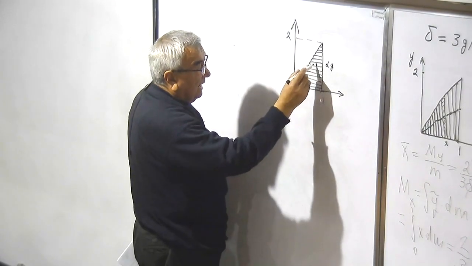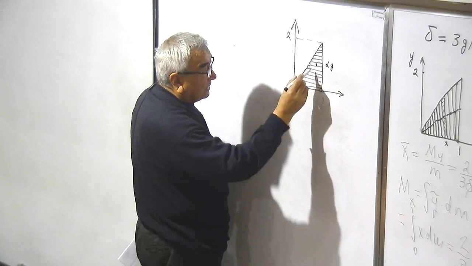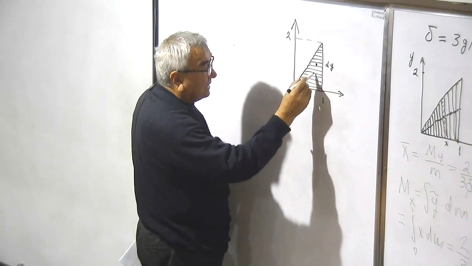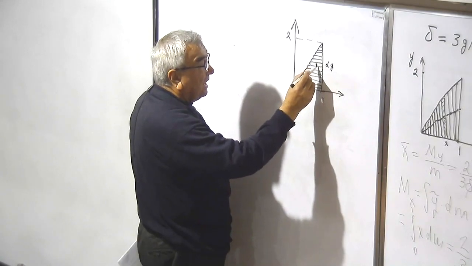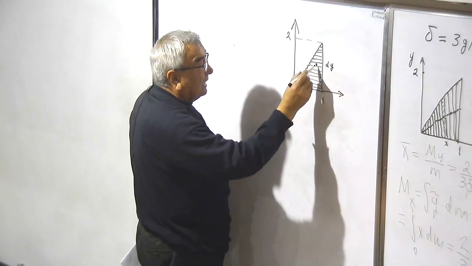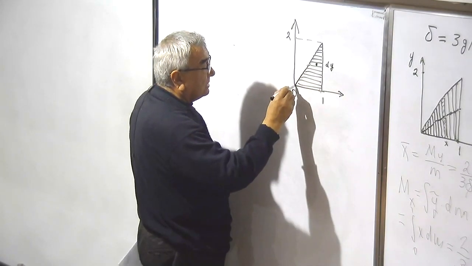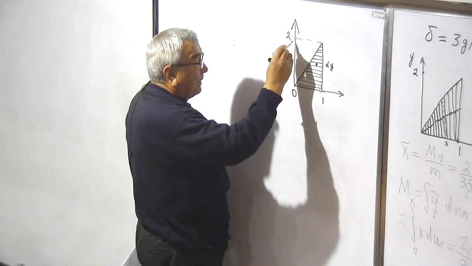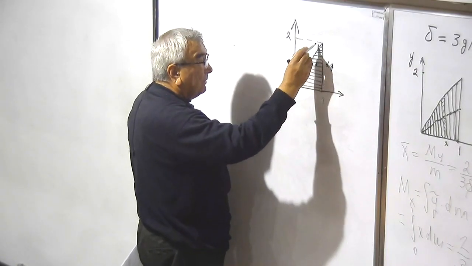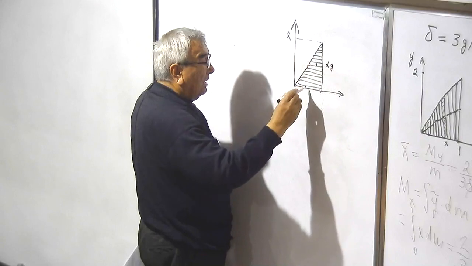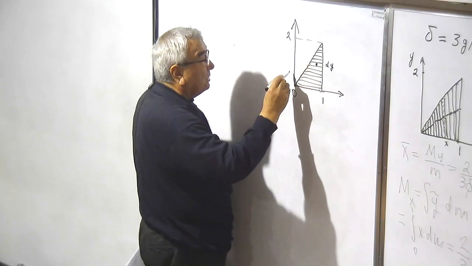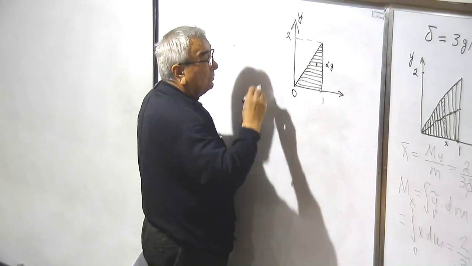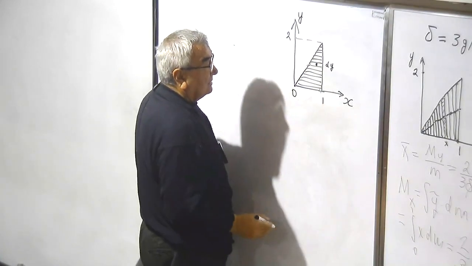That means now the x coordinate is what we need to find. Initially I will find the coordinate of this, because now I will move along these strips up or down. That means I go along the y-axis. This is the y-axis, this is the x-axis.